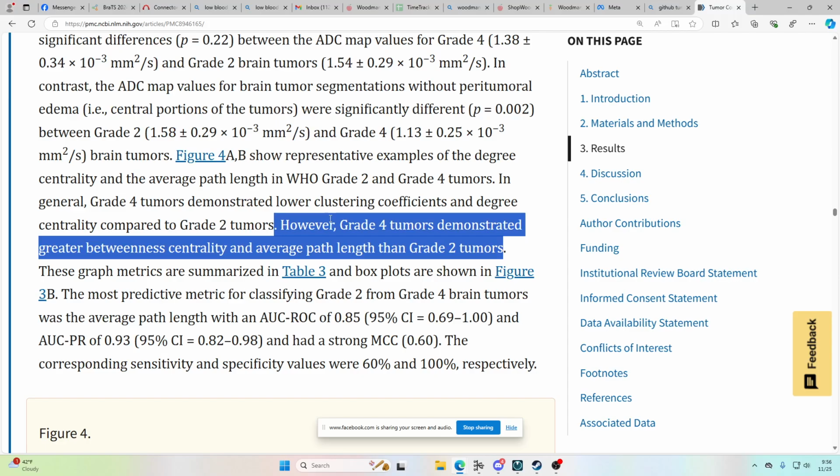They compared every tumor region with every other tumor region, found the similarity or difference between all the different microenvironments in the tumor, and calculated the betweenness centrality and the average path length. They found significant differences between grade 4 tumors and grade 2 tumors. So this is another way of classifying a brain tumor.